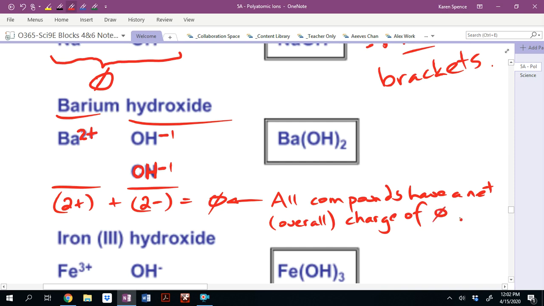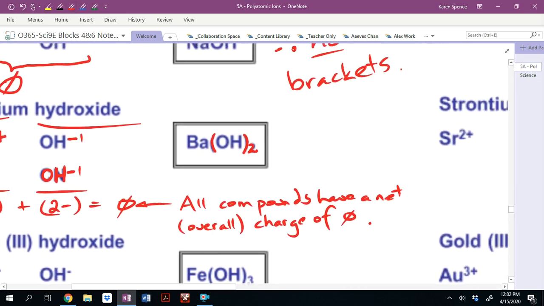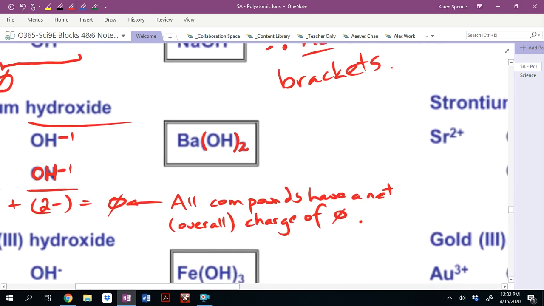In this case, we have Ba, and because we have 2 hydroxides, we have to put them in brackets. People have a tendency to forget the brackets because it's really easy to write BaOH2.